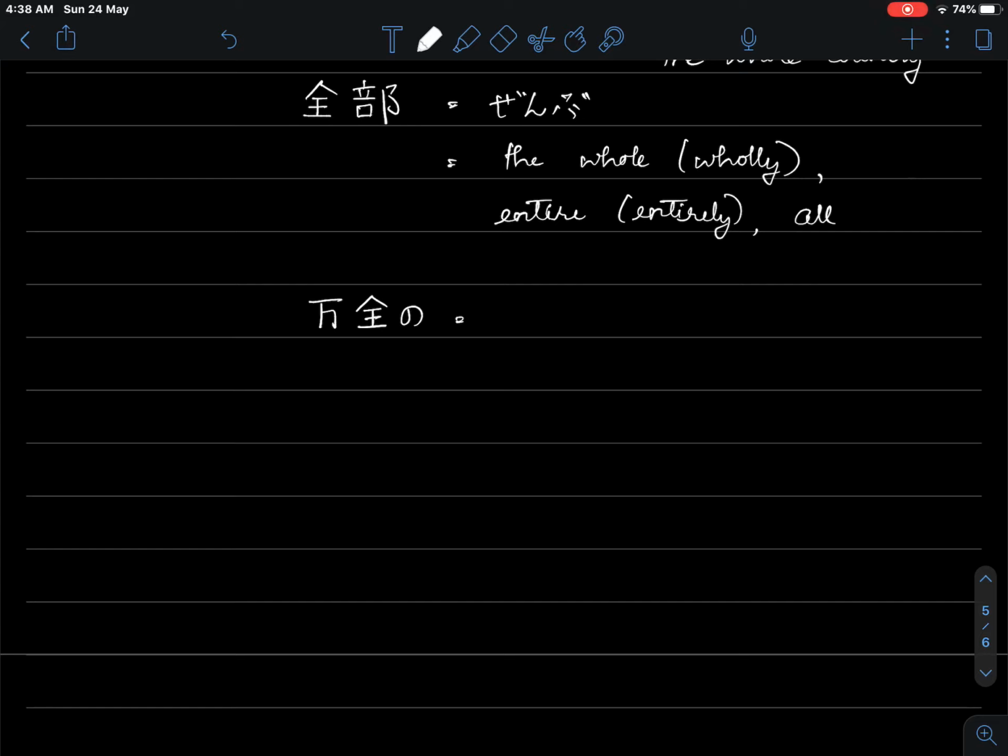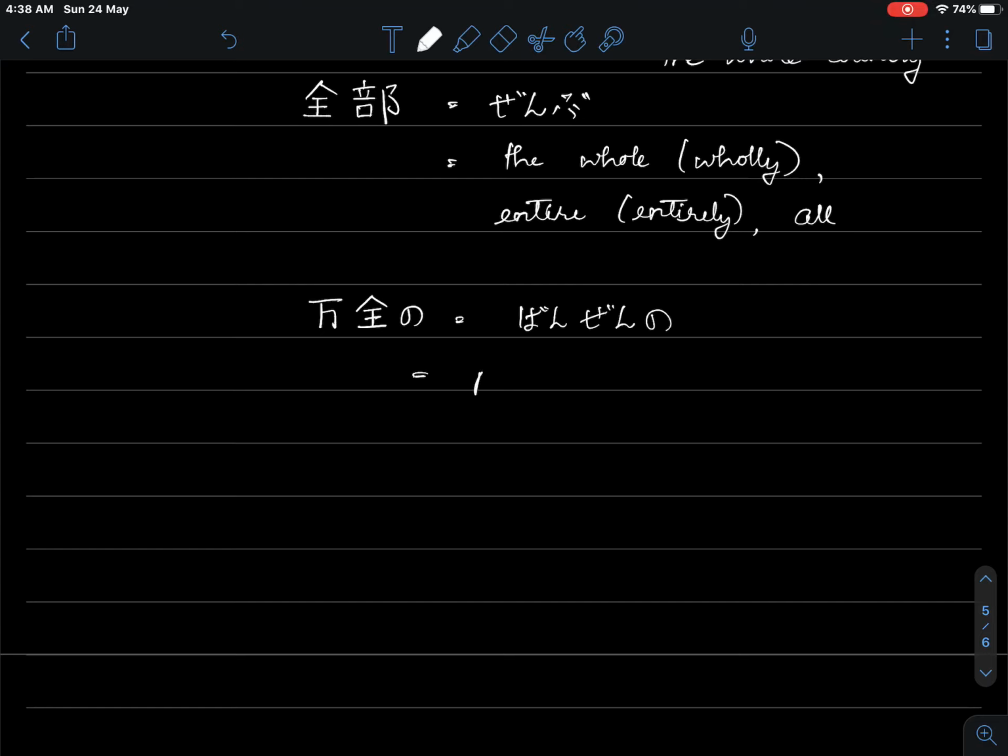Okay, this will be read as Banzenno. Banzenno. I hope you remember this kanji. This means 10,000 or many. You know, that's many. We have done it very initially, so please go and look it up in case you don't remember.